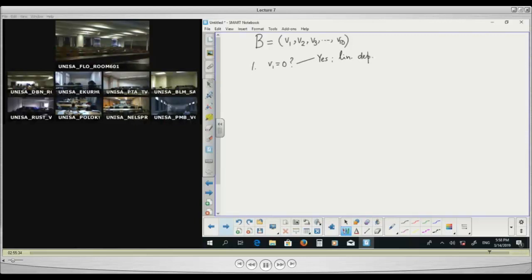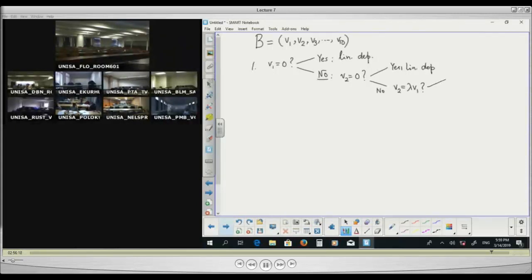Yes, linearly dependent. No, then I ask, is V2 some lambda times V1? If the answer is yes, linearly dependent. No, I go to V3. Yes, linearly dependent.